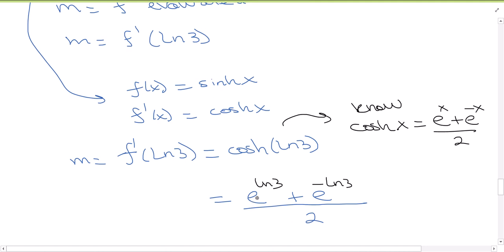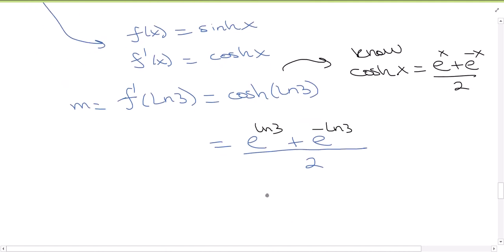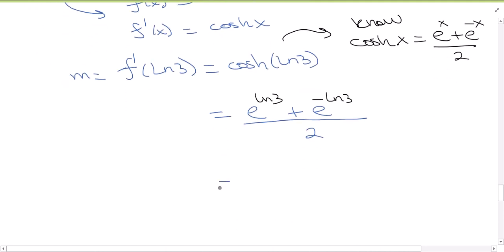So e to the ln of 3, what's that? e and natural log have the same base, so I just get 3. Now this one, I can't just cancel the e and the ln because I have a coefficient there. This is really a minus 1, so let's rewrite that as plus e to the ln of 3 to the minus 1, right? Properties of logarithms.